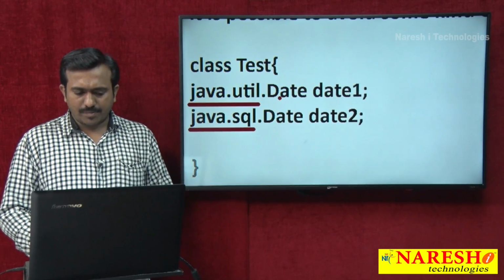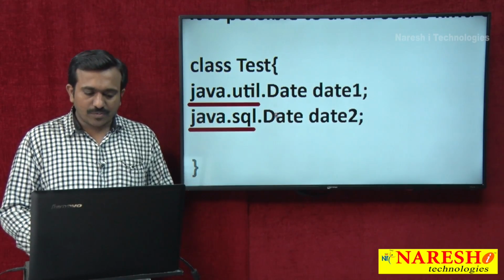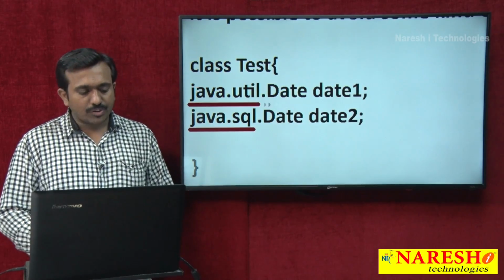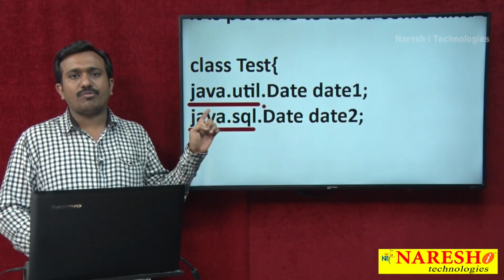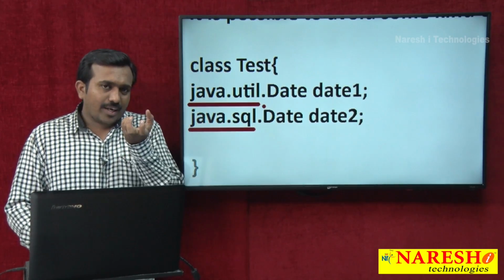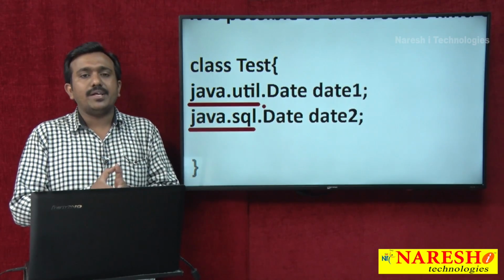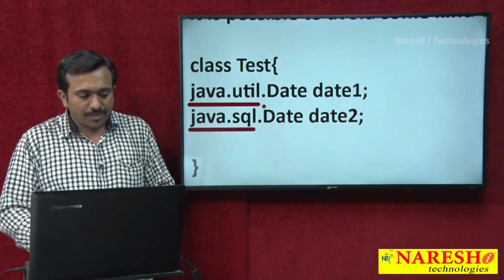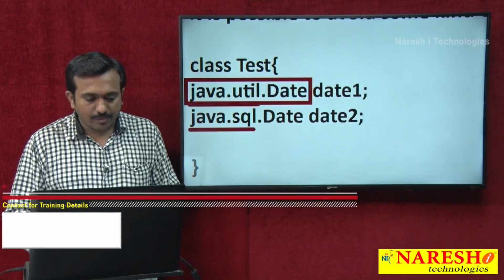Here the class name is the same. Even though the class name is the same, there is no chance of getting any ambiguity problem, because we are writing the Date class with a fully qualified name. So in Java, the package concept is used to group all the classes as a single unit, and whenever classes are present in packages, at the time of using them we use fully qualified names.